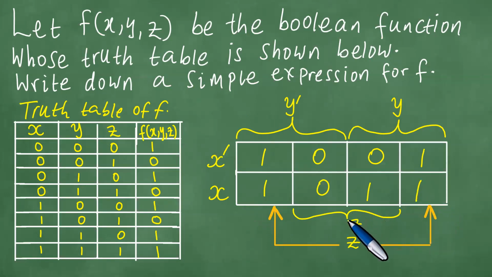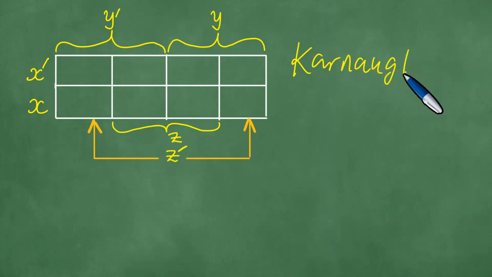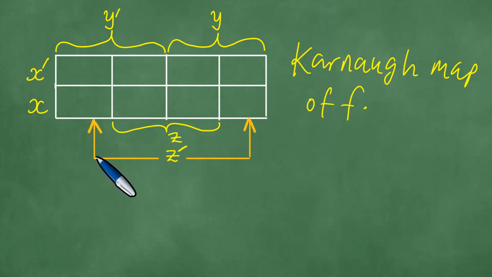So we have got this particular Karnaugh map of f. We proceed to analyze the Karnaugh map of f. So this here is the Karnaugh map of f.